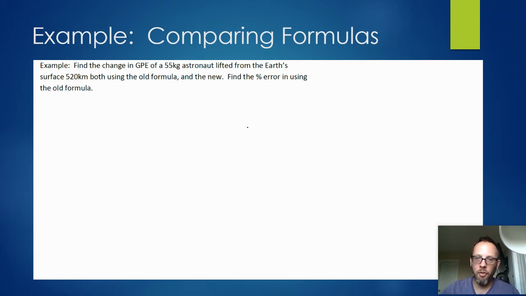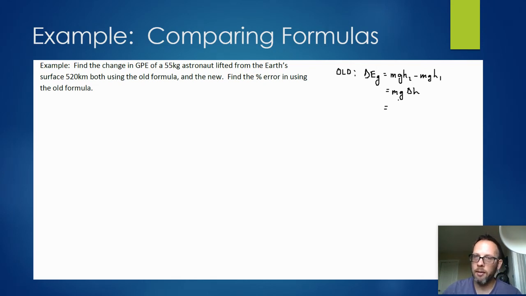I'm actually going to do the old first, and I'm just going to do it up here because it's not going to take much space. So delta EG equals mgh2 minus mgh1, or if you prefer, mg delta h. If you factor out mg, you get h2 minus h1.